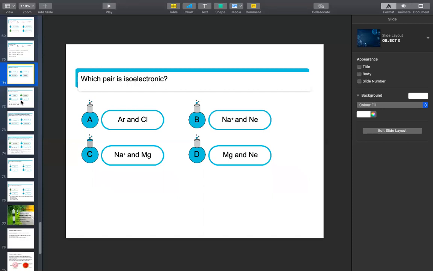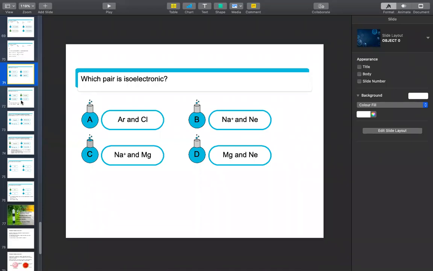Which pair is isoelectronic? Isoelectronic means the electrons are the same.